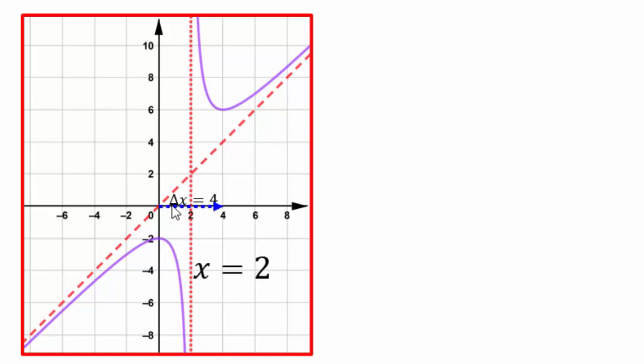So delta x is equal to 4. At the end of this moving, I go up until reaching the line. As you can see, we moved up 4, that means delta y is equal to 4.